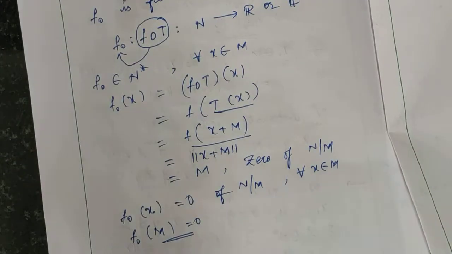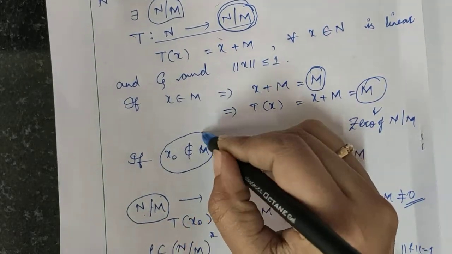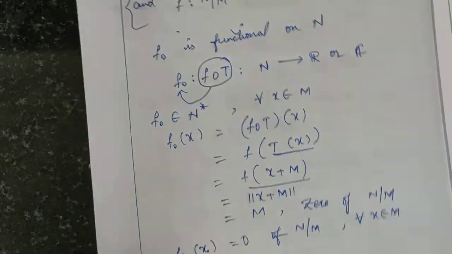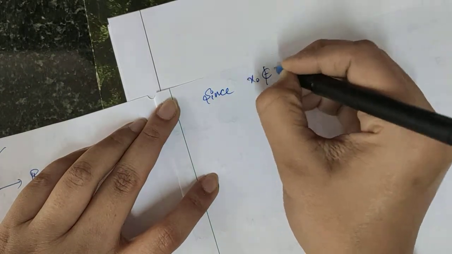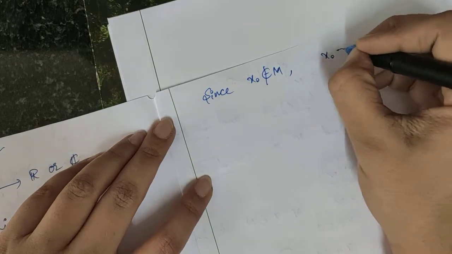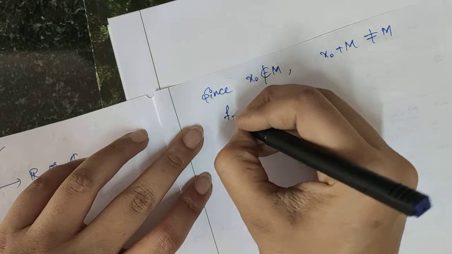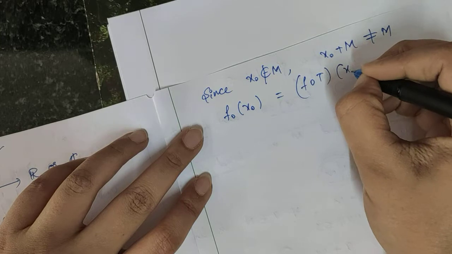So now we have to consider one more case, that is x0 does not belong to M, right? So let's see what happens if I consider x0 does not belong to M. Since x0 does not belong to M, we know that x0 plus M is not equal to M. So f0 of x0 can be written as f composition T of x0.